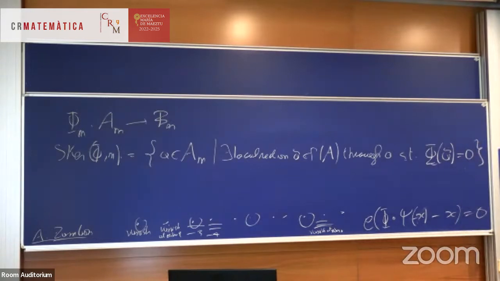So it's not just a point which happens to be in the kernel of phi at this point. I want to be able to find a local section which is in the kernel of phi at every point. Like if you think of Poisson structures, the differential of a Casimir is in the strong kernel of pi sharp.